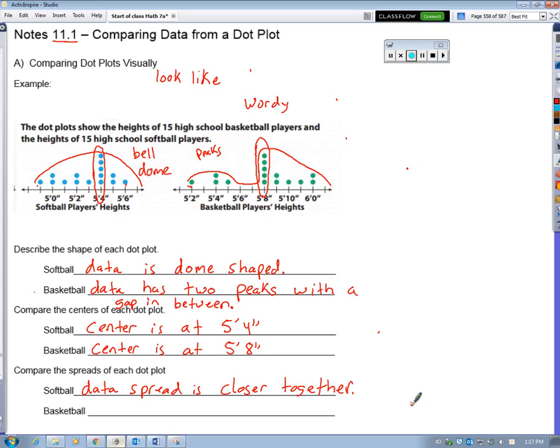And then with the basketball, looking at these two, this is definitely more spread out. There's more space between all the data points, so we can put down for the basketball that the data spread is further apart.